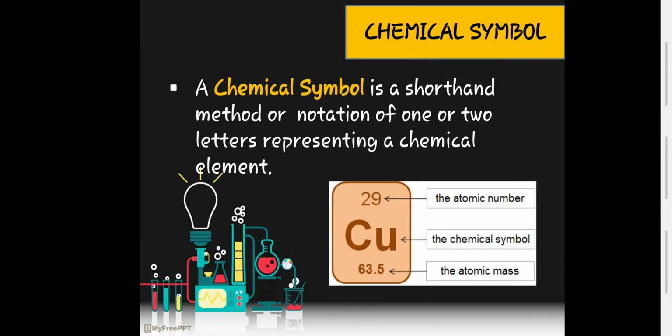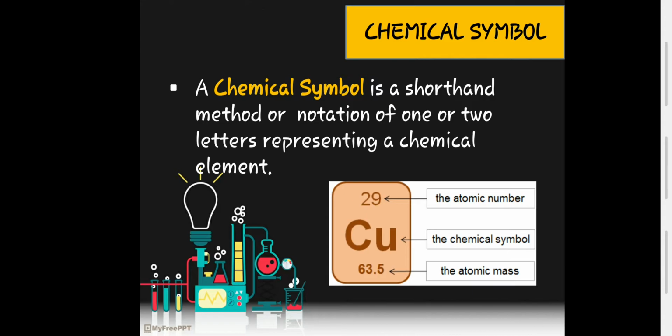Okay, continuing our discussion, we have the chemical symbol. So let's go now to the chemical symbol of an element. A chemical symbol is a shorthand method or notation of one or two letters representing a chemical element.